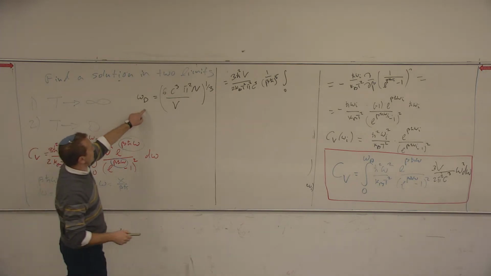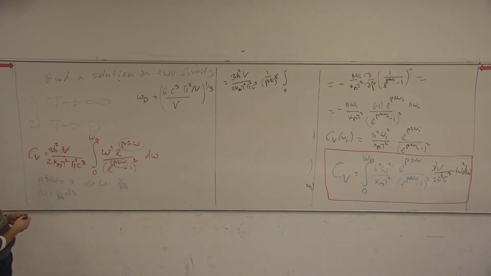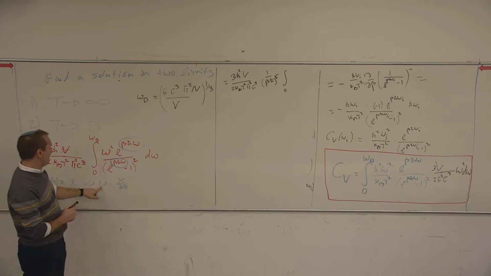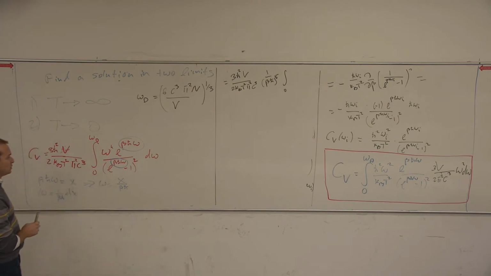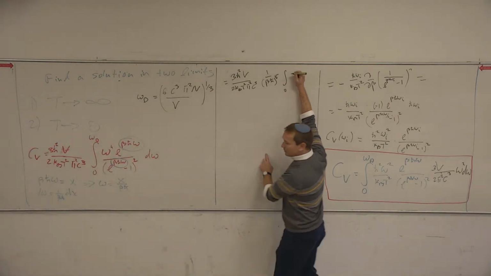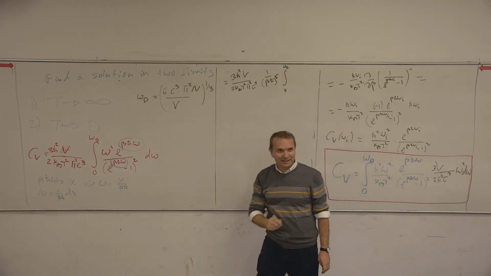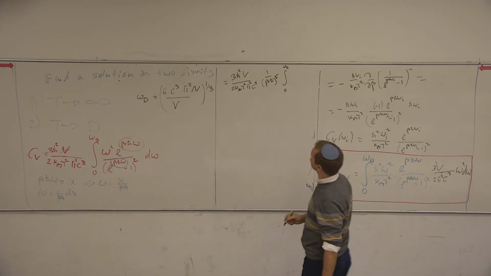I don't like this big expression. So when omega equals omega_D pi, x equals to omega_D pi multiplied by beta h bar.